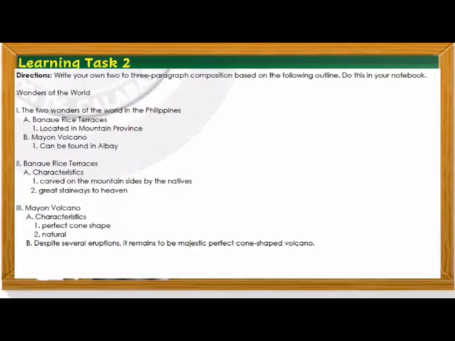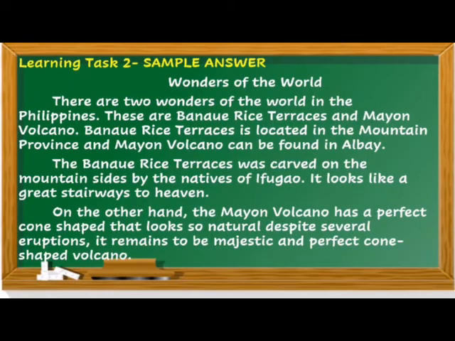For learning task number 2, write your own 2 to 3 paragraph composition based on the following outline. Do this in your notebook. I have here an example for learning task number 2. This is just a sample answer for you to base your answers on, but please write your own answers.